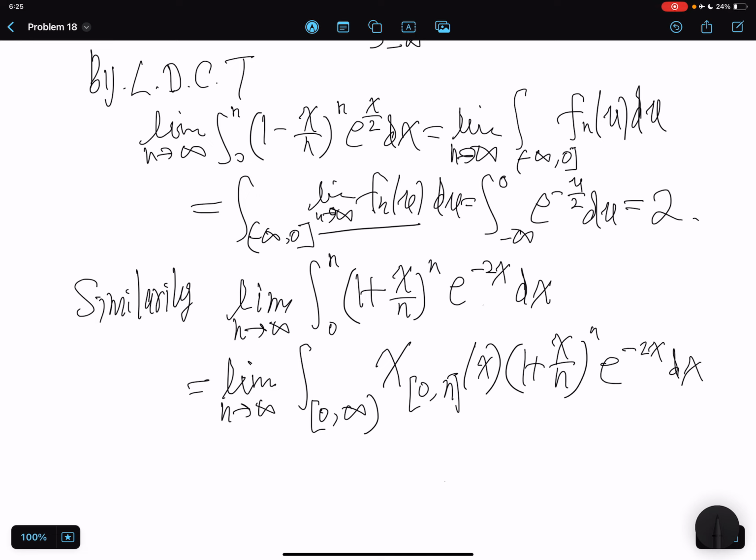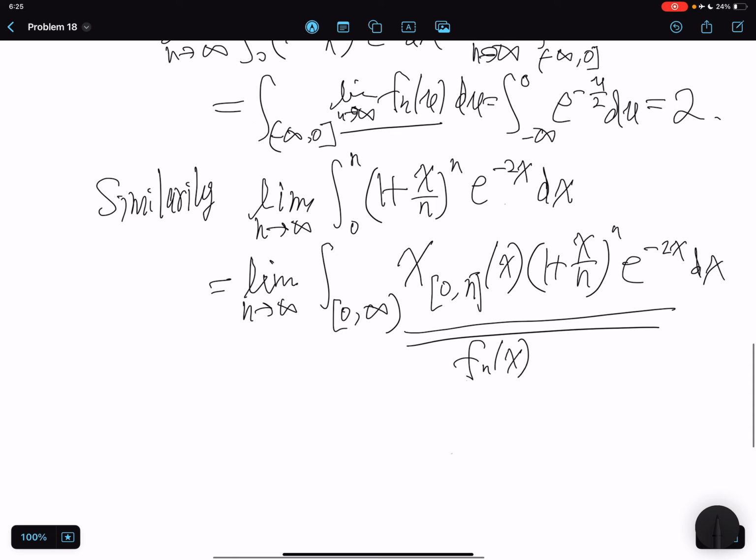Now if we define this to be our f_n of x, we can see f_n of x is positive and measurable over 0 to infinity.